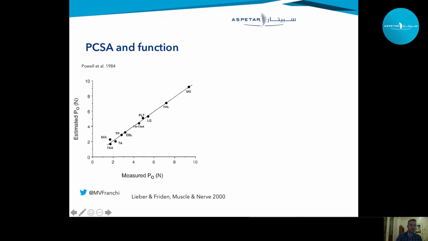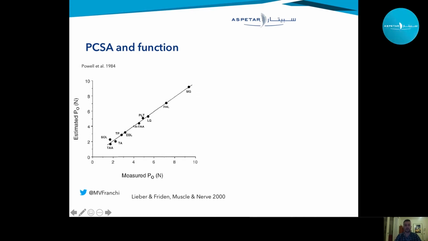So this was a very elegant and quite old study in which the authors estimated physiological cross-sectional area from some calculation and measured it directly on guinea pig muscle, and they showed that the estimated and the measured cross-sectional area were fitting a good line of identity.